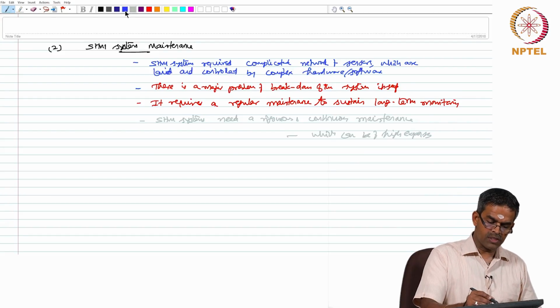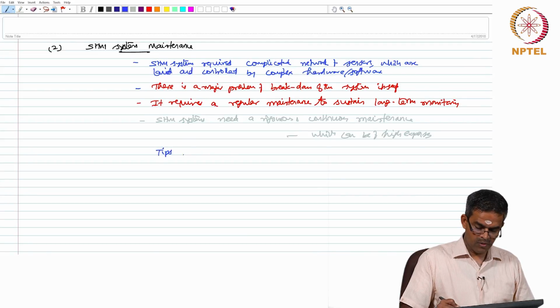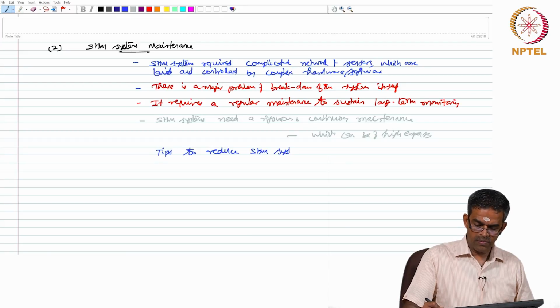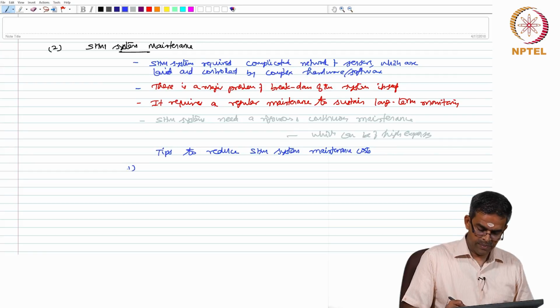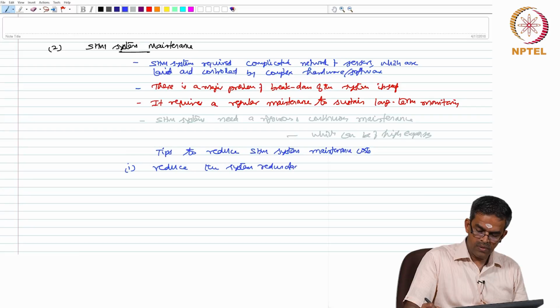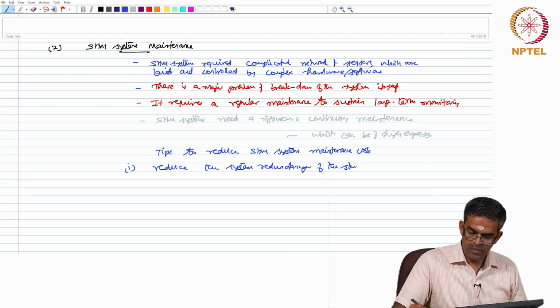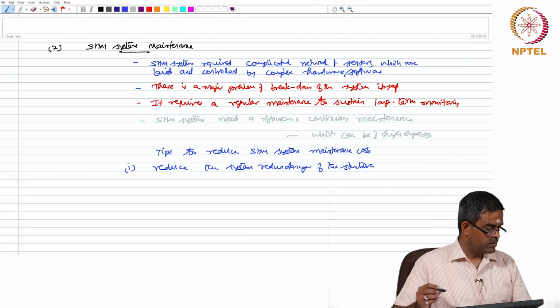So, there are some tips to reduce SHM system maintenance costs. Let us see what are they. 1. Reduce the system redundancy of the structure. 2.